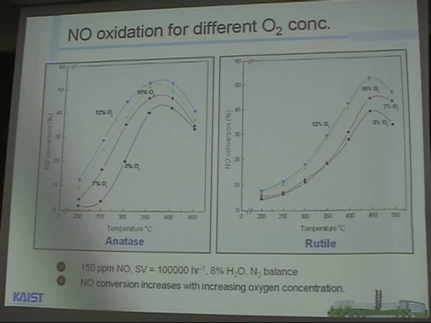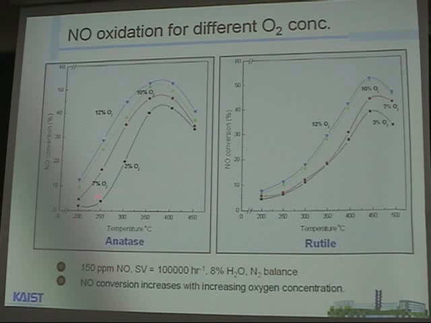These graphs show the oxidation of NO in the presence of different oxygen concentration. When the concentration of oxygen is low, it shows low conversion. But when the concentration of oxygen is high, it gives good conversion. But at a certain limit, after that it levels off, no more, because the platinum active sites become saturated with oxygen.